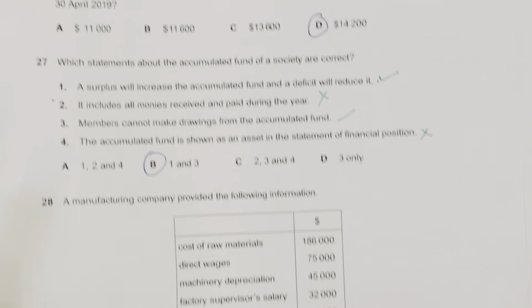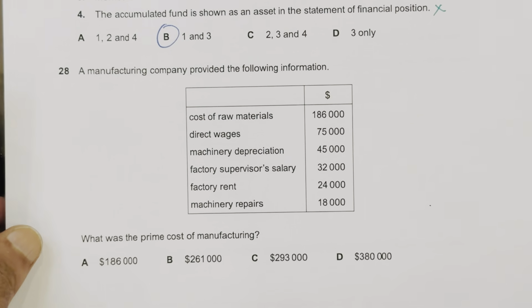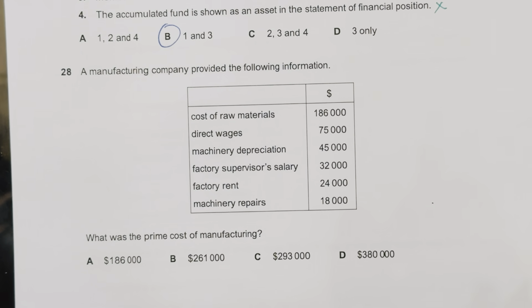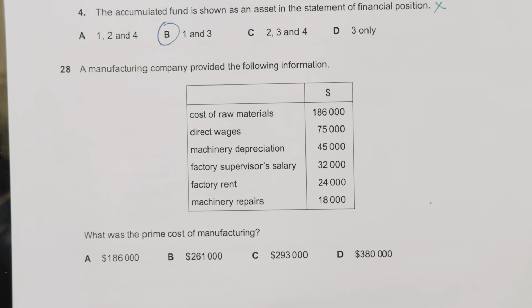Again this is a calculative question. A manufacturing company provided the following information: cost of raw material, direct wages, machinery depreciation, factory supervisor salary, factory rent, machinery repairs. What was the primary cost of manufacturing? Okay, we can find the primary cost of manufacturing.